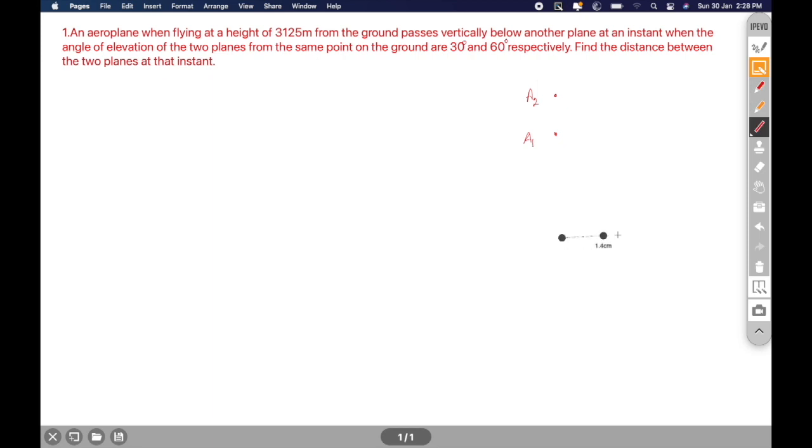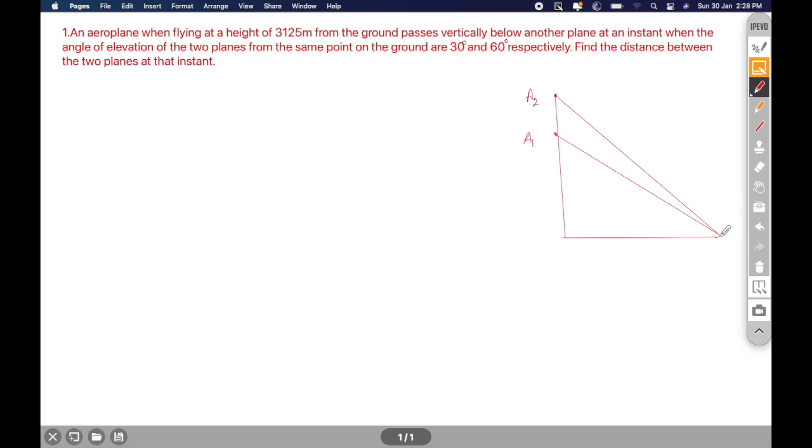Suppose we have the ground over here and an observer is looking at both the planes from the same point. I am also drawing the perpendicular distance of the two planes from the ground.